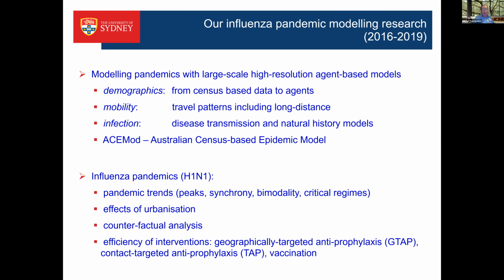You could compare urban and regional waves. You could do a counterfactual analysis. You could say, well, what if the situation was different in some ways? What would have happened? And then you could check the efficiency of different interventions, either geographically targeted antiviral prophylaxis, since for influenza antivirals are obviously available, unfortunately not for COVID, or contact-targeted antiviral prophylaxis, or vaccination, which we do for COVID.